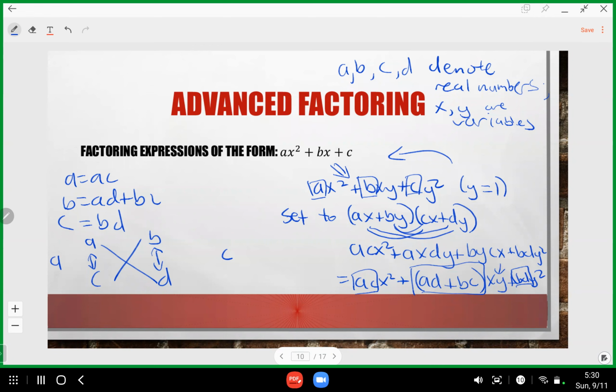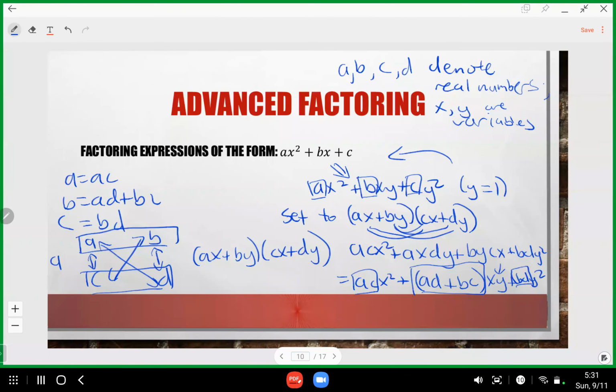And B is going to be AD plus BC. You know you have the correct factors when you cross multiply and they add up to B. Then if you go across, you get (AX plus BY) times (CX plus DY). Then you're done.